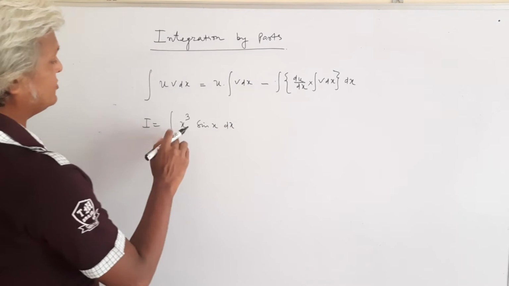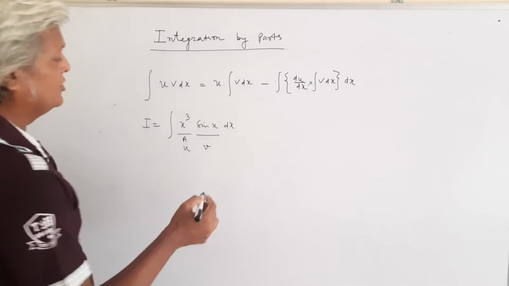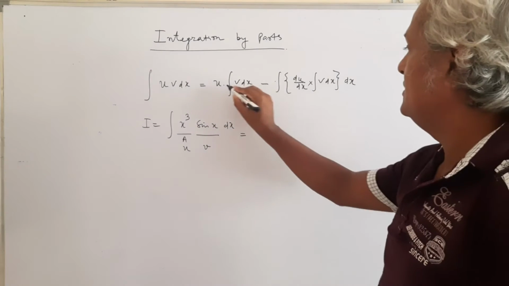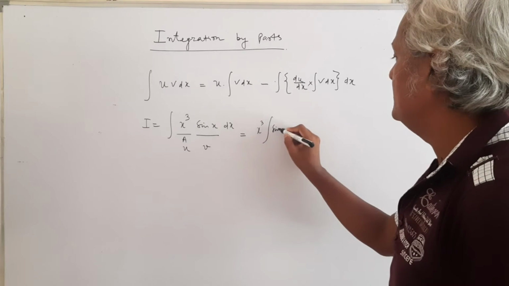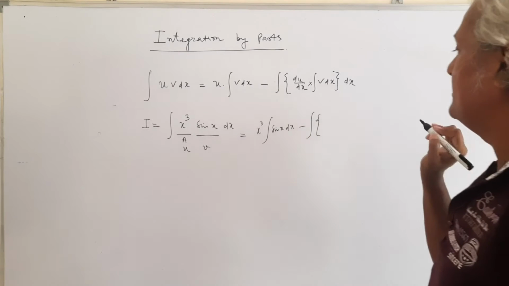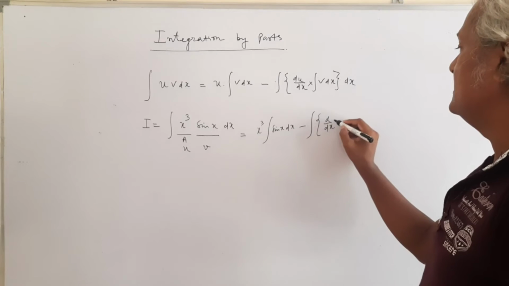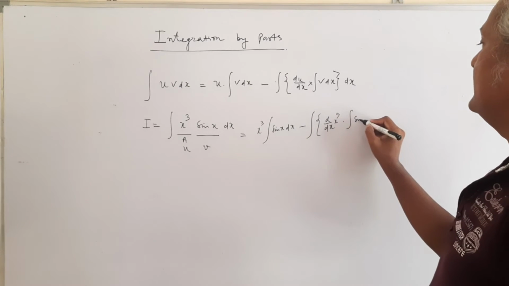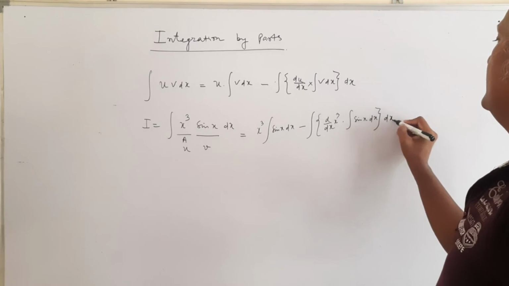You see that x cube is algebraic in nature, that is A, so this will be my u and this is my v. The rule says I first keep x cube unchanged: x cube as it is, into the integration of sin x dx, minus the integration of, in curly brackets, the differentiation of u, which is x cube, into the integration of sin x again dx, and this whole thing will be integrated again.